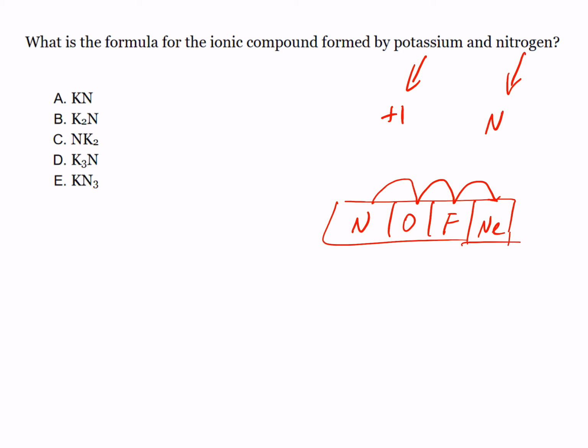So nitrogen, the normal charge is 3-. So we have potassium with +1, and nitrogen with 3-. If you switch the charges, this 3 comes with potassium, this 1 comes with nitrogen, K3N. Okay, that would be the formula for potassium nitride.